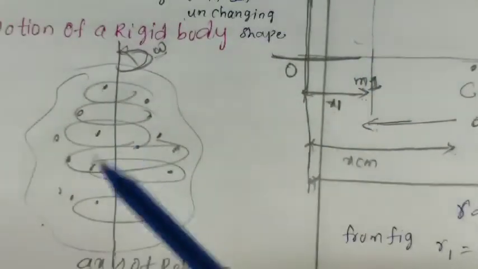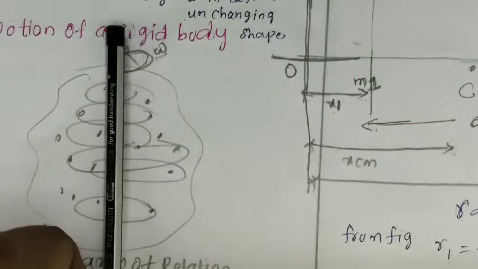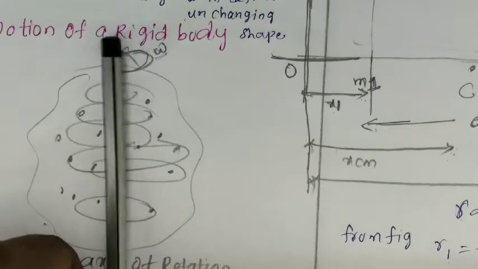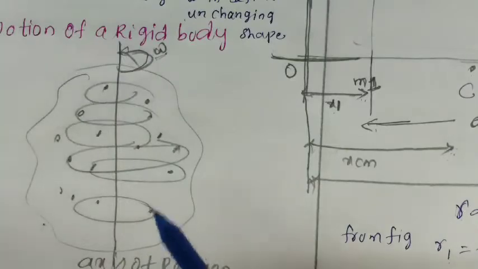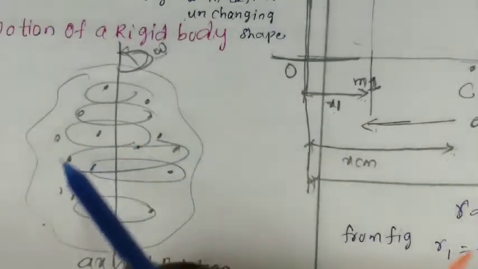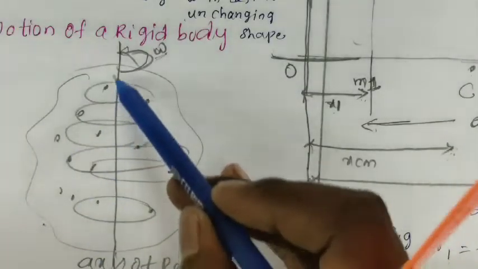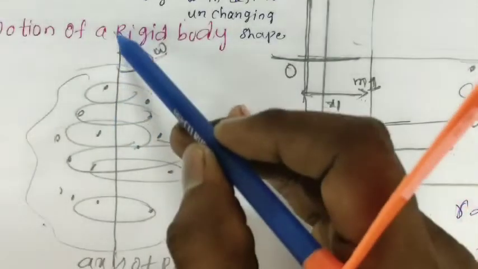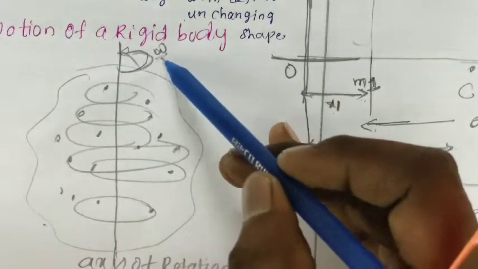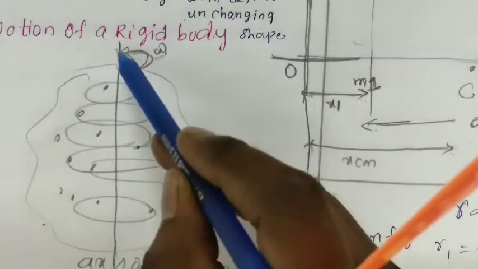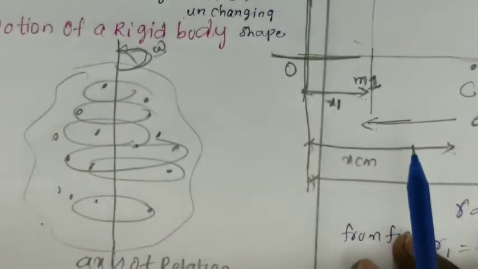See, this pencil is rotating. It consists of a number of particles. Those particles form circular paths, perpendicular to the plane, and move with angular velocity omega. This line we call the axis of rotation.